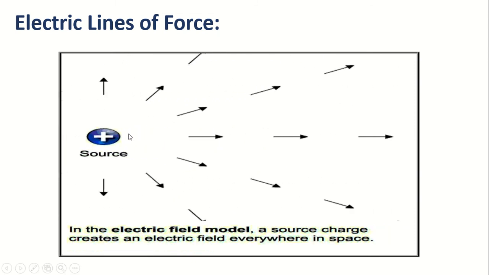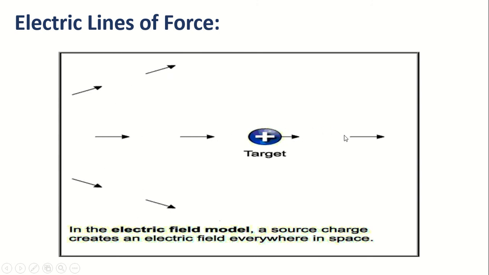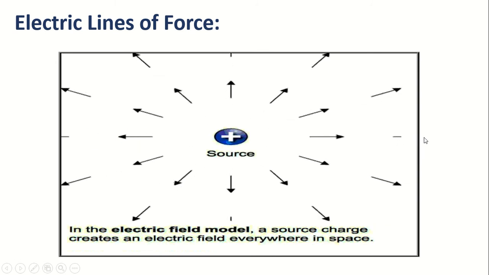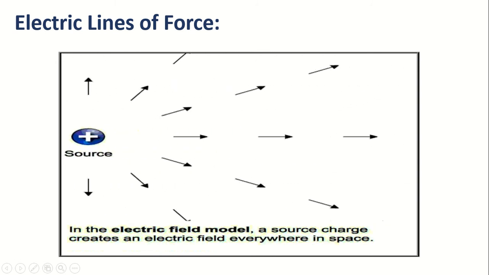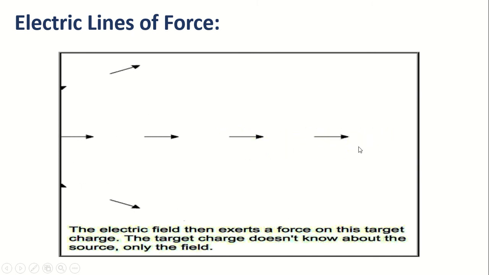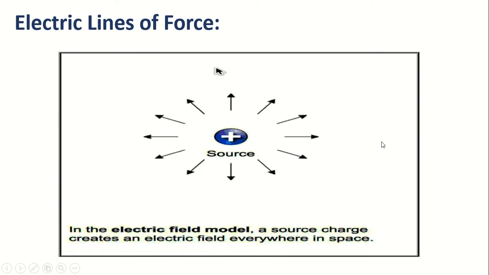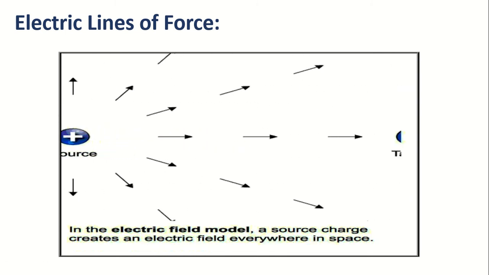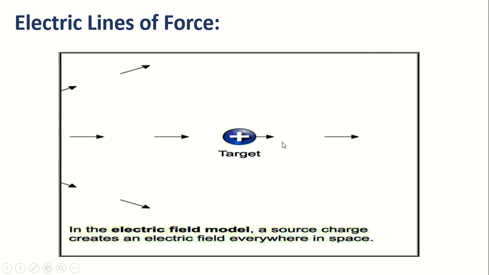Look here, the source charge is positive, and if a positive charge is placed in the electric field of the source charge, then that charge will experience a force, and that's why it moves in that direction. And positive charges repel each other, that's why it is repelled and going in that direction. If a charge is free, Q1, gaining the force instead of remaining stationary, it would move in a definite path.